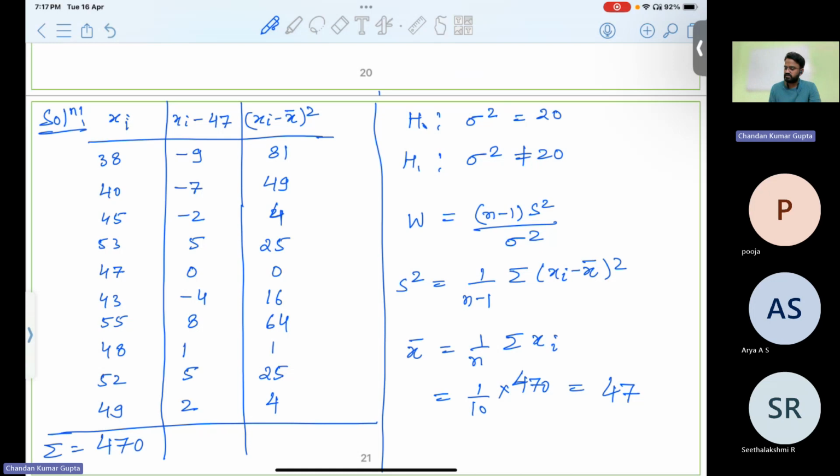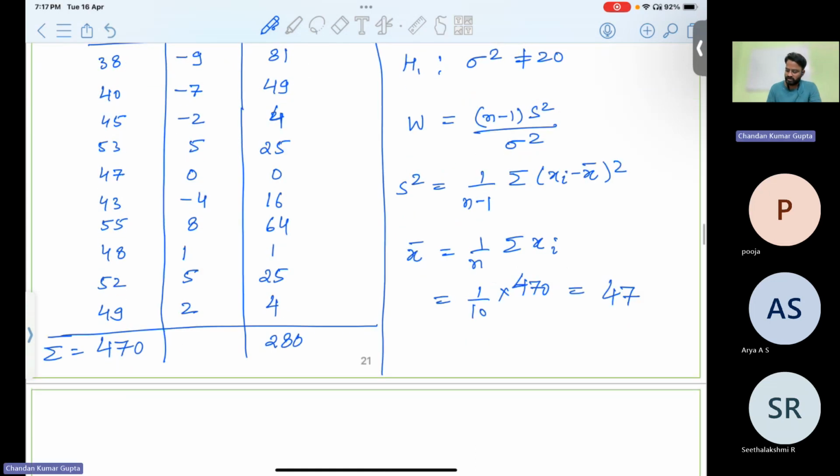The summation of (xi minus x bar) whole square comes out to be 280 after summing. So s square is 1 upon n minus 1, which is 1 upon 9 into 280. No need to solve this, we may directly use it.